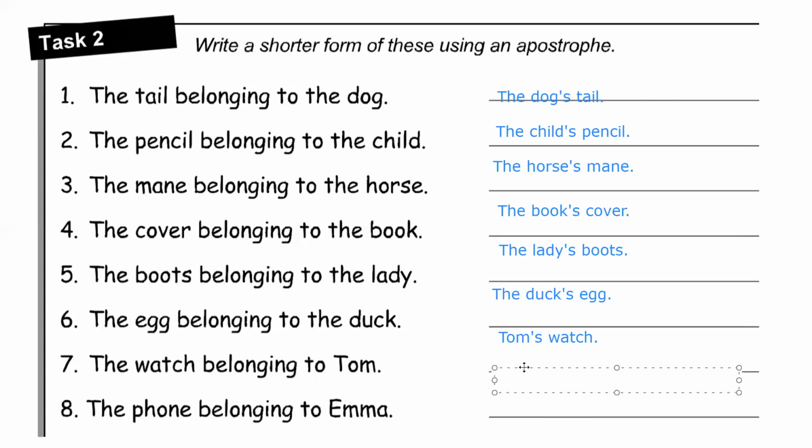Finally, number 8 is very similar. Doesn't have the word the in front of Emma, so I'm just going to start my sentence with writing Emma. Capital letter because it's a girl's name. Emma does not end in an S, so at the end I'm going to add apostrophe S. Emma's phone, full stop.